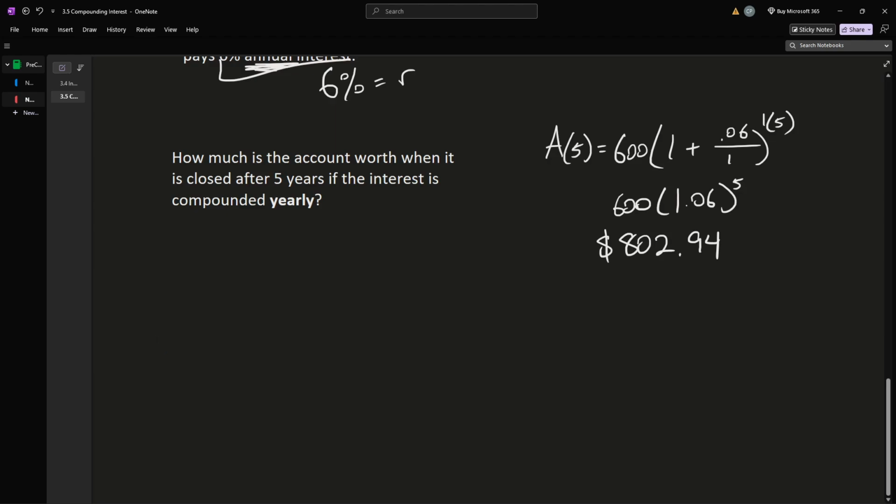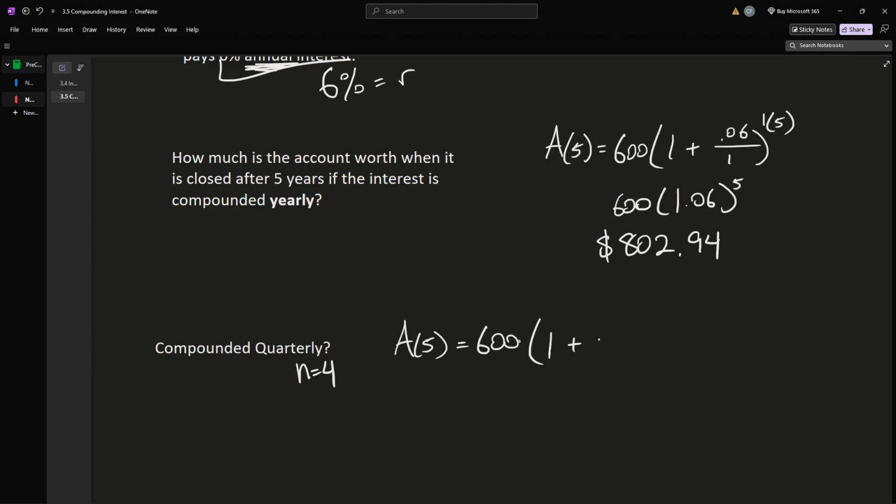Now, let's compare it. And we'll do some more examples. I say, what if it's now compounded quarterly? So how many times per year is quarterly? That means now n equals 4. So A of 5 is 600 times 1 plus 0.06 over 4.